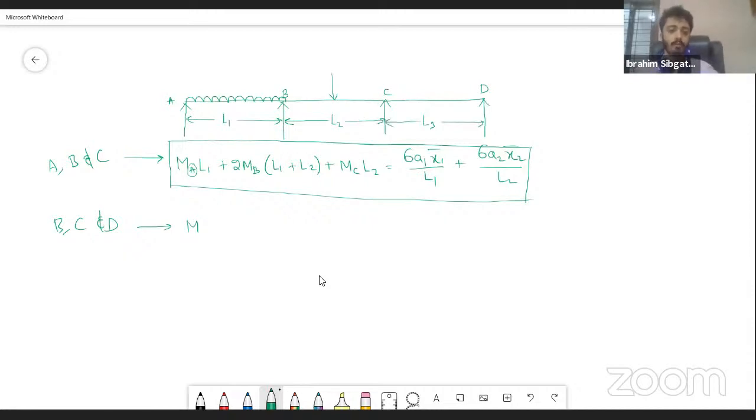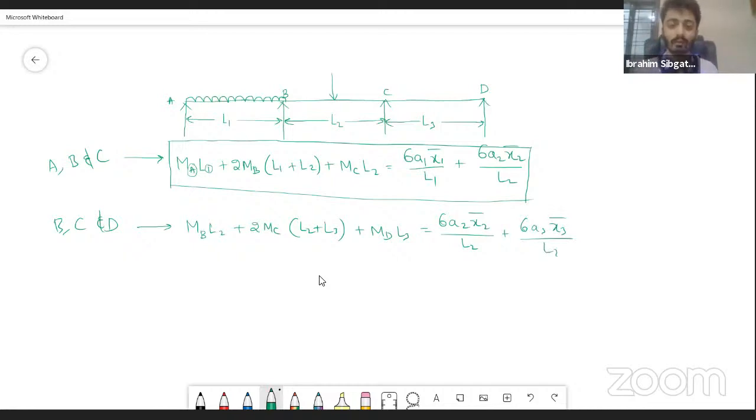Okay, so when it comes to calculating the support moments of the supports B, C, and D, we just have to replace these things. So this will be MB L2 plus 2MC (L2 plus L3) plus MD L3 equals 6A2 X2 bar by L2 plus 6A3 X3 bar by L3.